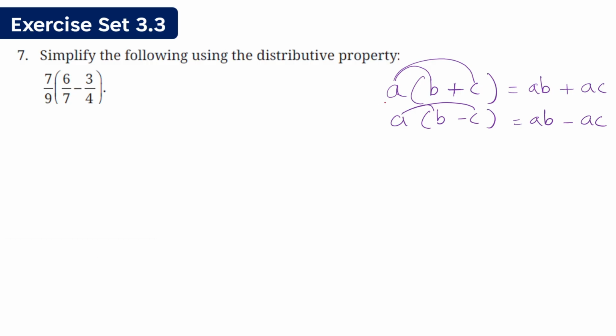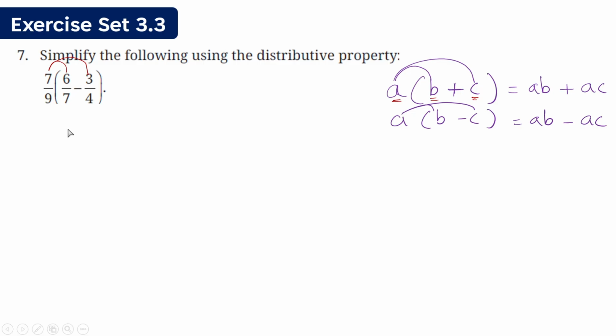The letter a is being distributed to the terms inside the parentheses, which are b and c. We are distributing a to both of these terms inside the brackets, a to b and a to c. So likewise, we have to do the same here. 7 ninths is to be multiplied by 6 sevenths, and 7 ninths should also be multiplied to 3 fourths.